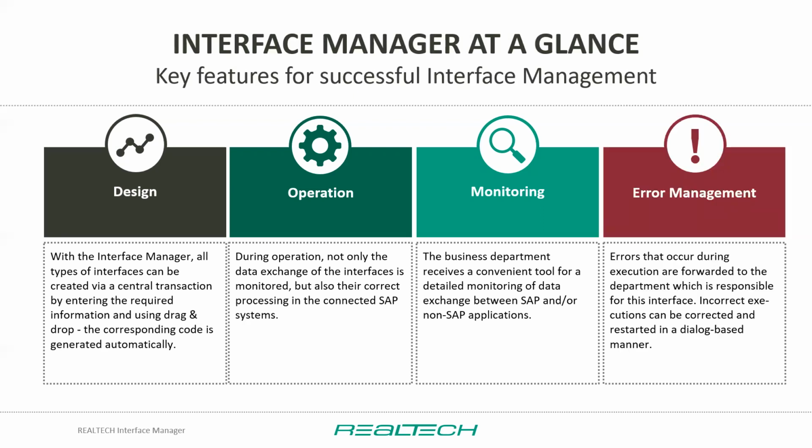And again, as I said, there's the error management. So basically, if you have interfaces running on standard transactions from SAP, then you have to go to maybe each one of the transactions, check what the issue is, and then correct it there, and maybe need to go to another transaction and do the same.